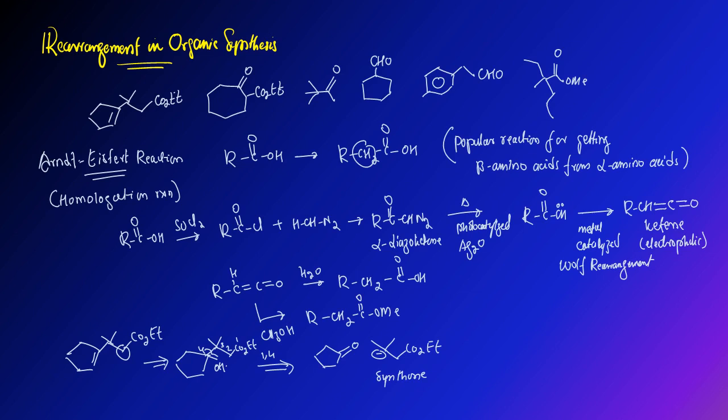While keeping this in mind, we can disconnect the molecule in another way, by removing this methylene group, which can be introduced by the Arndt-Eistert reaction, so that I could make my system simple.